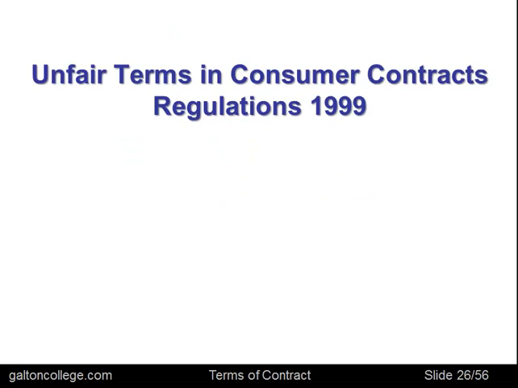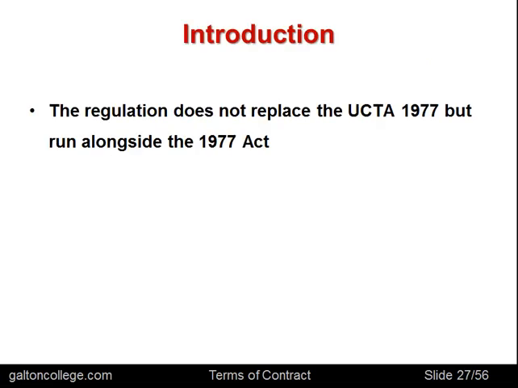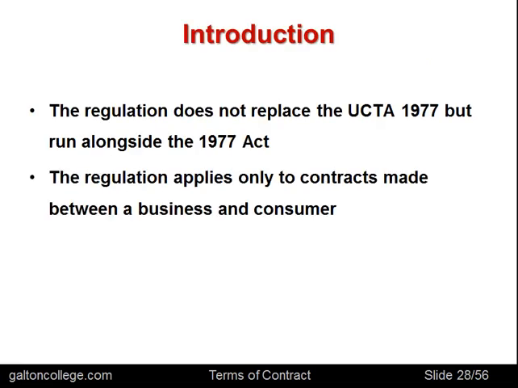The Unfair Terms in Consumer Contracts Regulations 1999 was put in place to augment the Unfair Contract Terms Act 1977 legislation. So it runs alongside the 77 Act. It doesn't replace it, it just runs alongside.